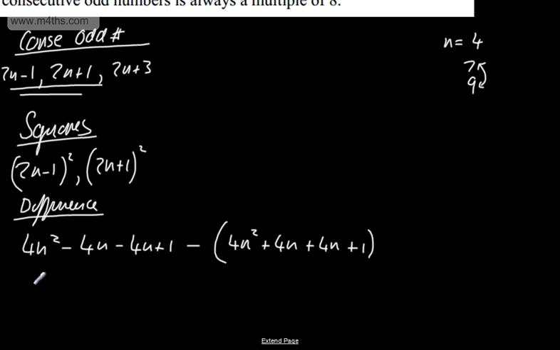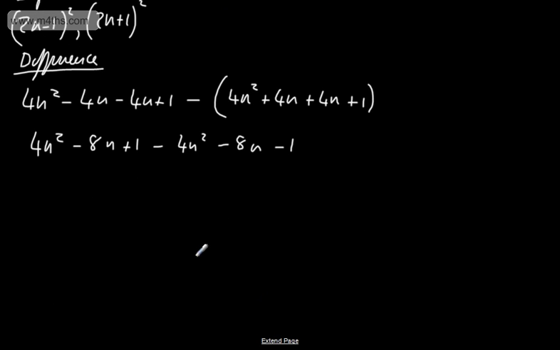So if we look at this, what we're going to have is 4n squared minus 8n plus 1 minus the 4n squared minus 8n, so minus 8n, and then we're going to have minus 1. This is going to give me now the 4n squareds are going to cancel, so let's just do those.